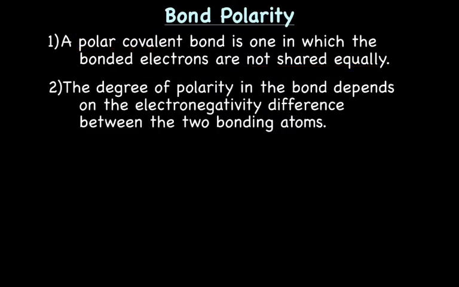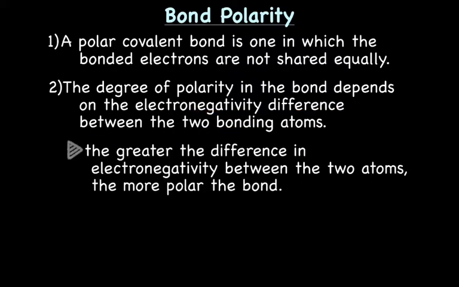So the degree of polarity depends on the electronegativity difference between the two bonding atoms. And the greater the difference in electronegativity between the two atoms, the more polar the bond.